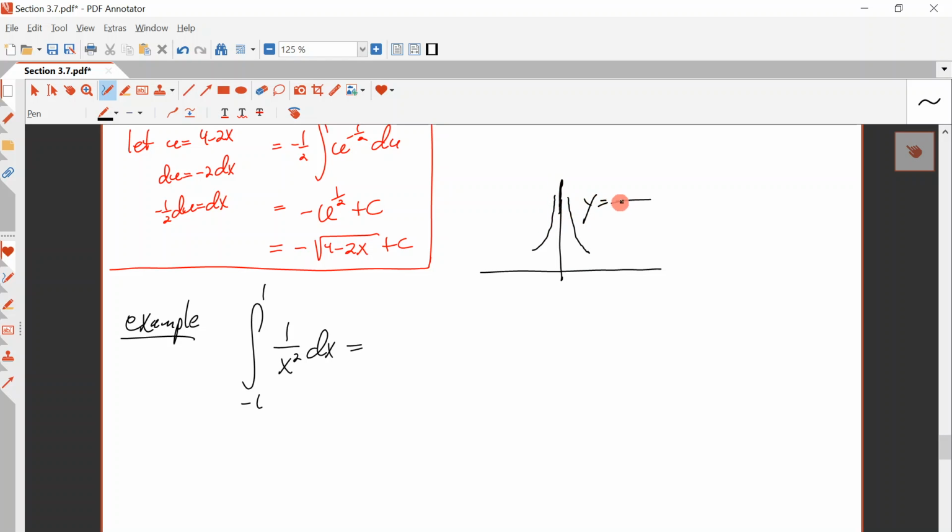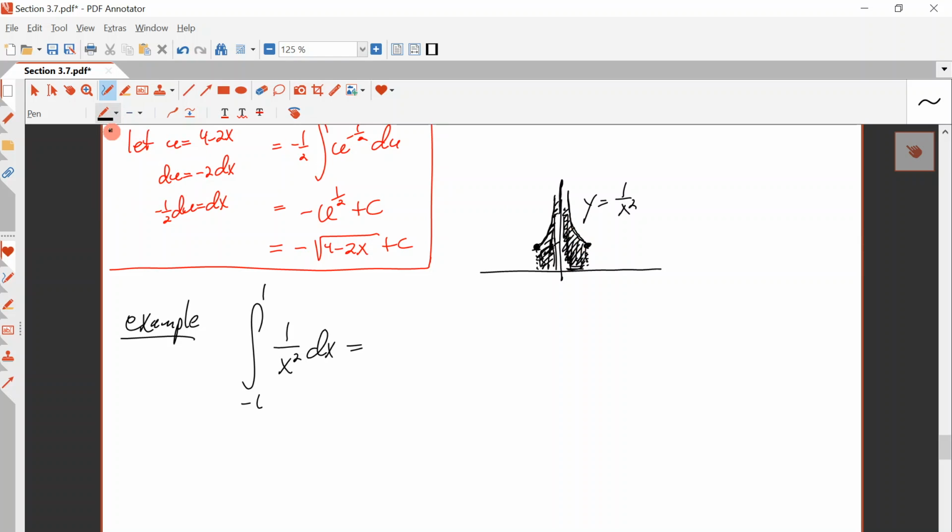So this is y equals 1 over x squared, starting here and here. We're looking for this area here plus this area here. You'll notice that those two areas are geometrically the same; one is just a reflection of the other.